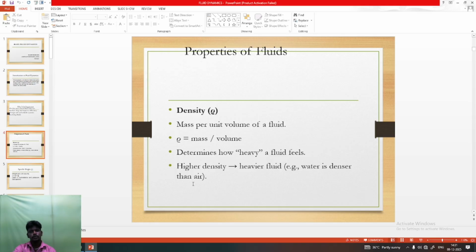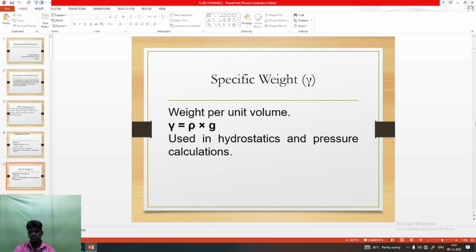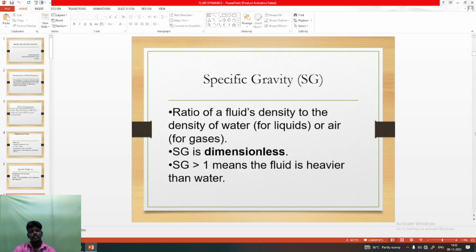Next property is specific weight, that is weight per unit volume, which means density times gravity. It is used in hydrostatics and pressure calculations. Then the third property is specific gravity, the ratio of fluid density to the standard fluid density. We know the density of water is 1000 kg per meter cube.